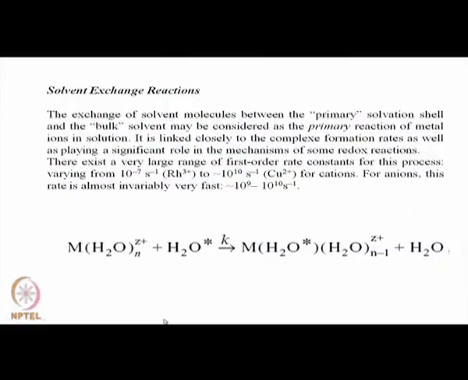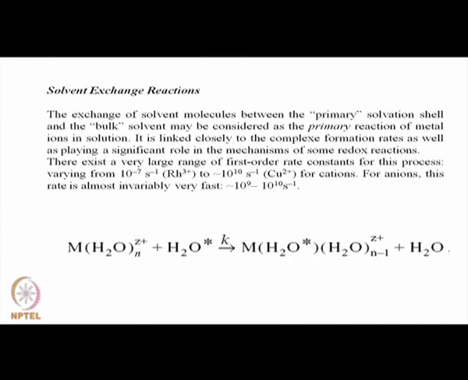Now, let us come to solvent exchange reaction. So, what is that? It is basically the exchange of solvent molecules between the primary solvation cell and the bulk solvent, which may be considered as the primary reaction of metal ions in solution.